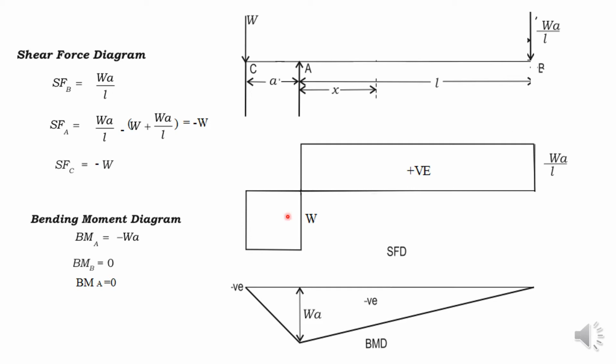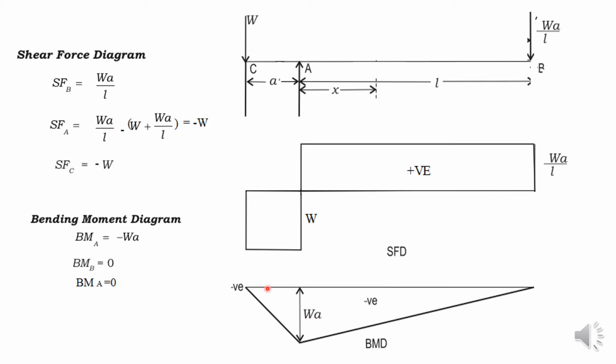Now we have to draw the bending moment diagram. Consider point B: the bending moment at this point will be 0. What about the bending moment at A? It is WA by L into L, and since it is in the clockwise direction it will be negative, so the bending moment at A will be minus WA. So you get an inclined line from 0 to minus WA.